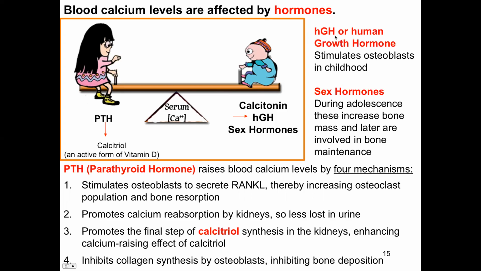You've probably heard of a hormone called growth hormone, and you'll hear more about it when you take AMP2. Growth hormone, the H just stands for human, is going to be stimulating those osteoblasts in childhood to build that skeleton, all right? And then, of course, the sex hormones, testosterone and estrogen, also have a role to play.